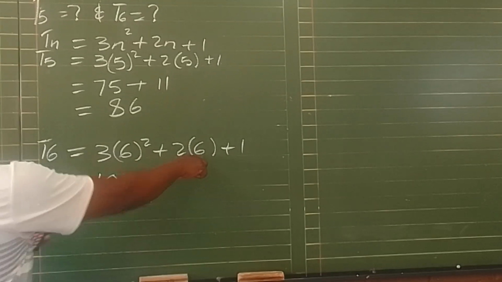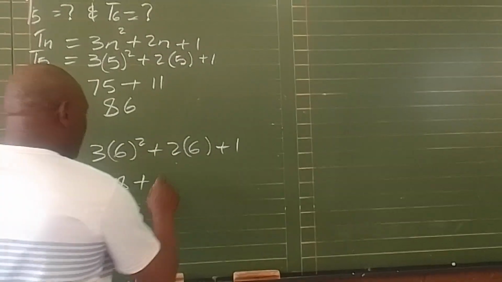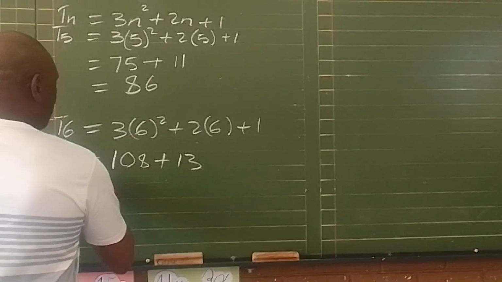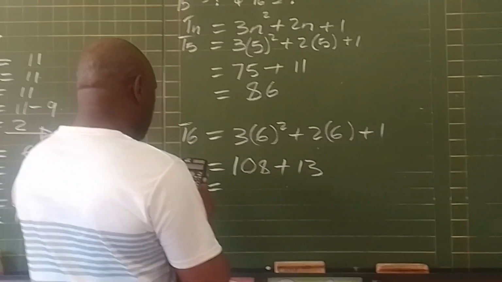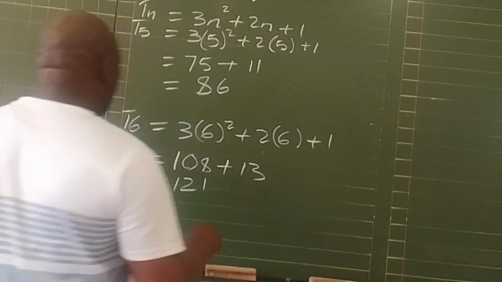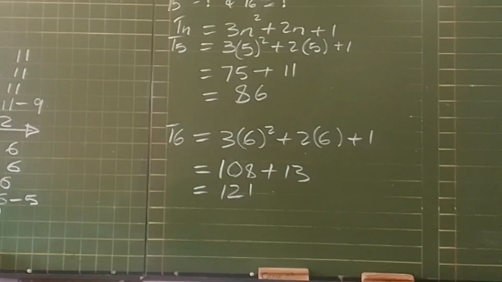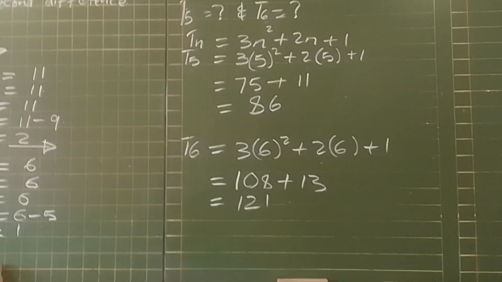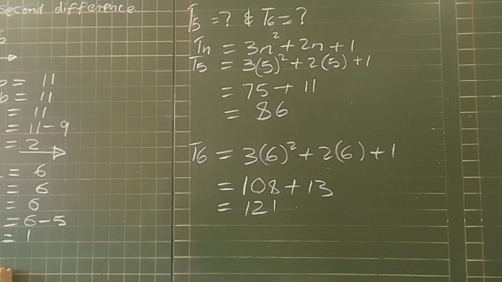Plus 2 times 6 is 12, plus 1, 13. Then 108 plus 13 is 121. Now we have answered B. Now we go to C.